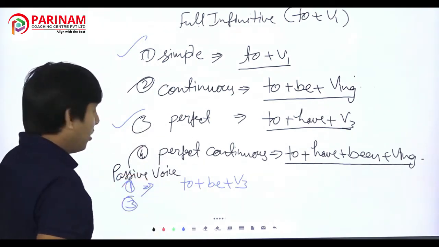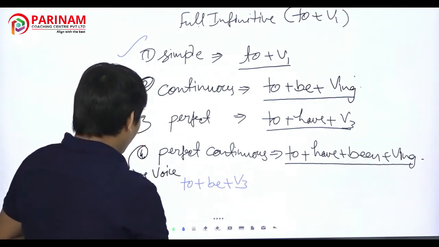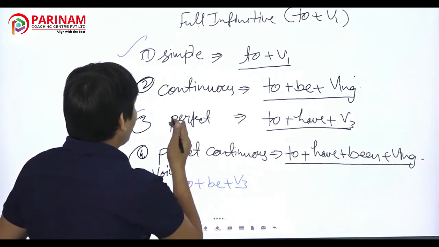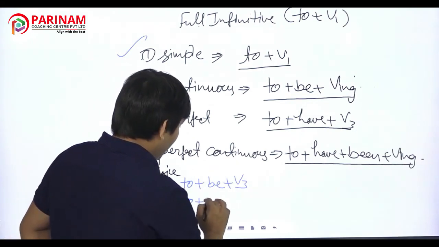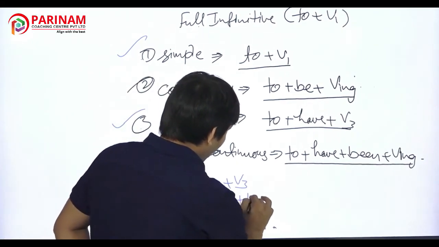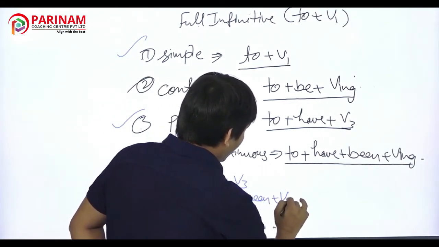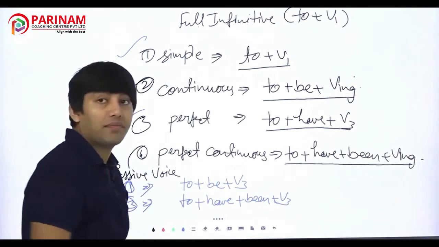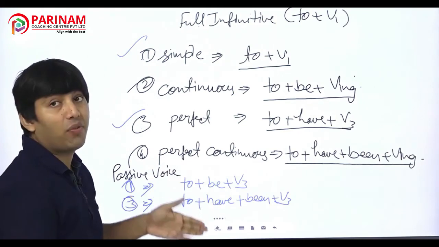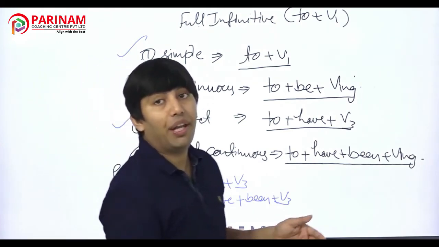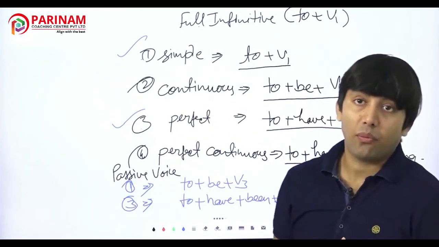Getting my point? Okay. So when we change the voice of the perfect tense of the full infinitive, it will be written this way: to plus have plus been plus V3. Alright, so these are the tenses and voice of the full infinitive. Getting my point?